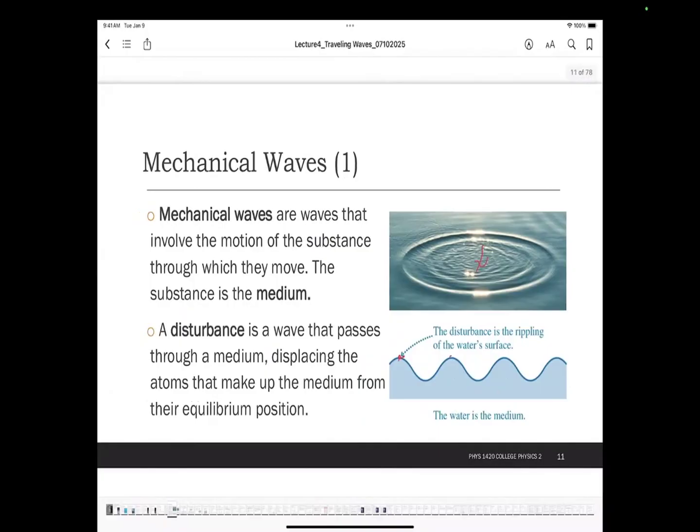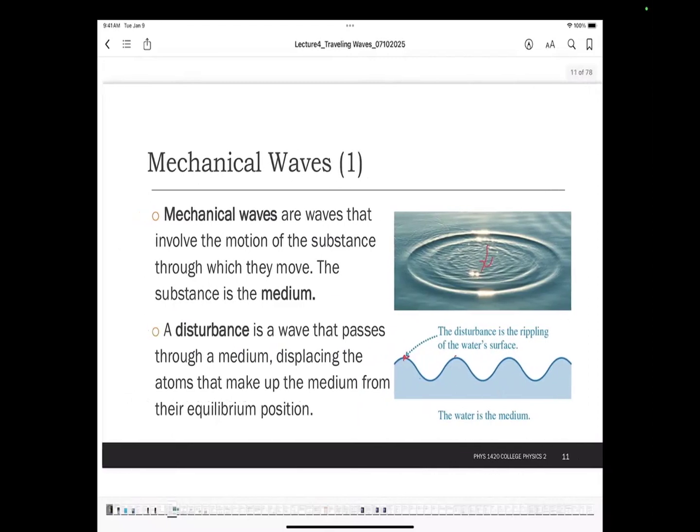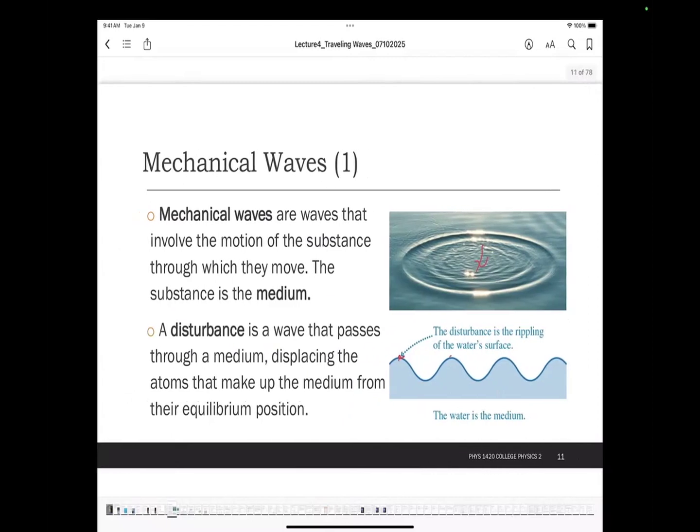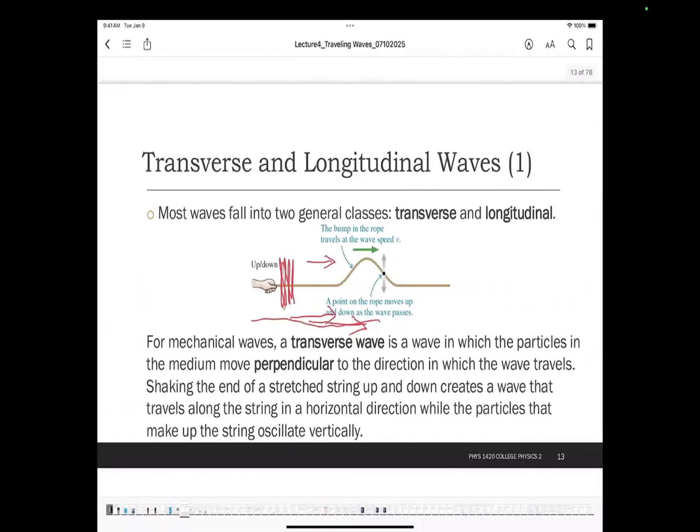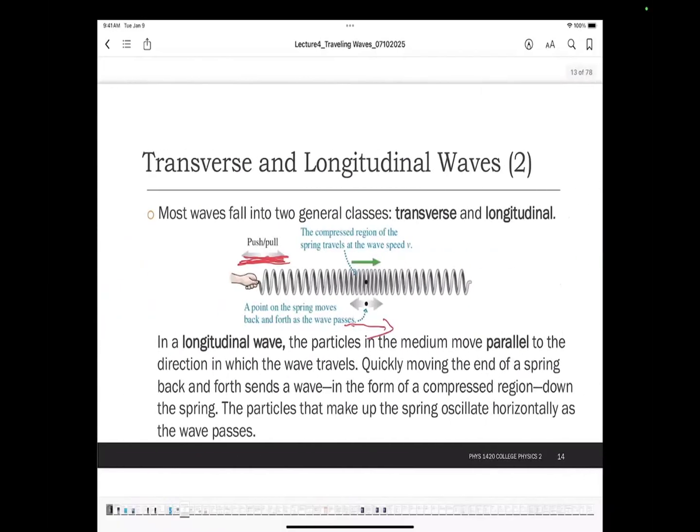What is a mechanical wave? A mechanical wave just travels through some medium. And what is a disturbance? A disturbance is a wave that passes through a medium. And also, most waves fall into two general classes: transverse and longitudinal waves. Yeah, those are some basic terms.